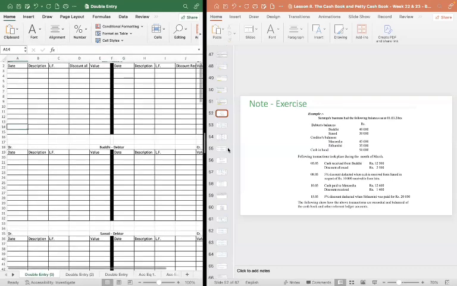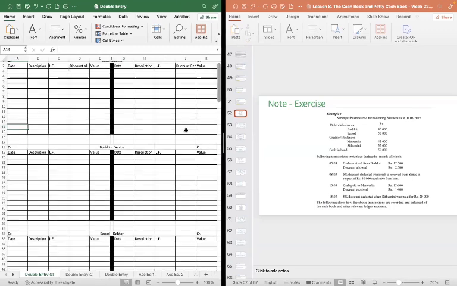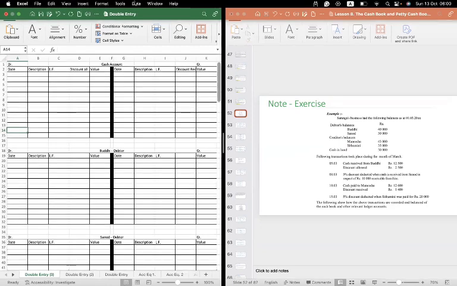Just draw a few accounts so we can start doing this exercise. So at 6:02 we'll start.